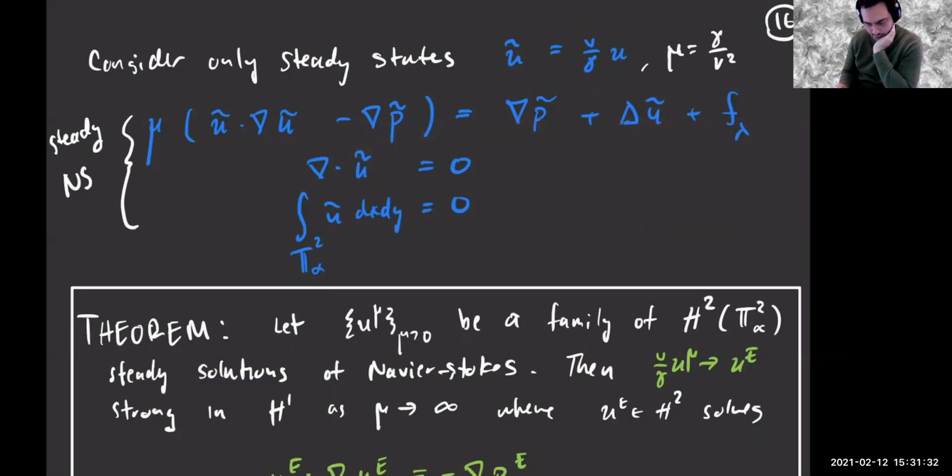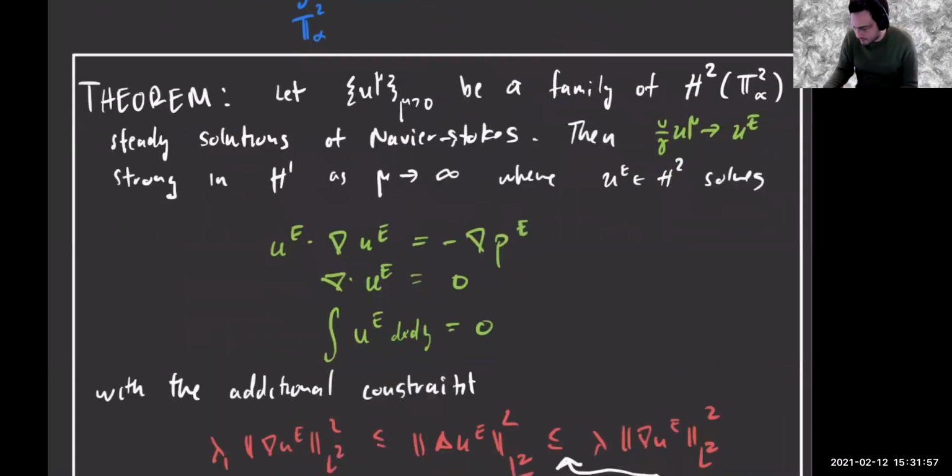And now the thing is still incompressible, the divergence is still zero. Now I'm just interested in the large mu behavior of stationary states. So let's forget about the time evolving problem for a second. What's the fate of those branches of stationary states as this mu gets large?